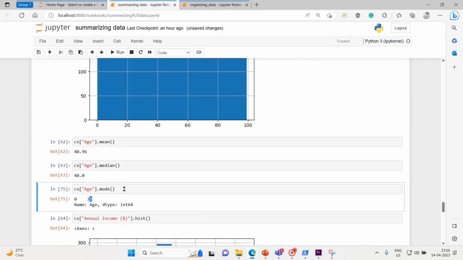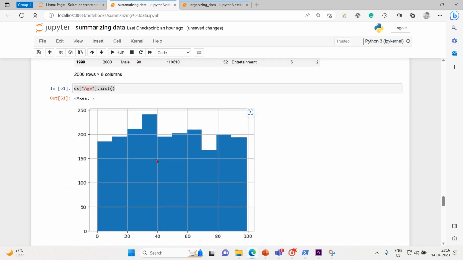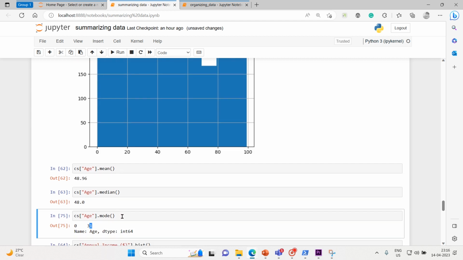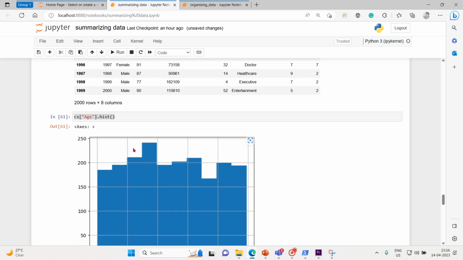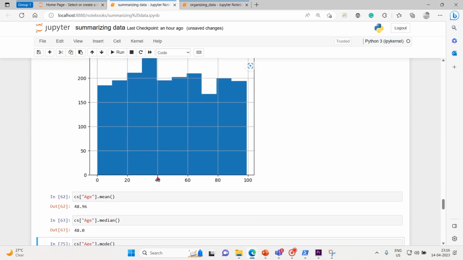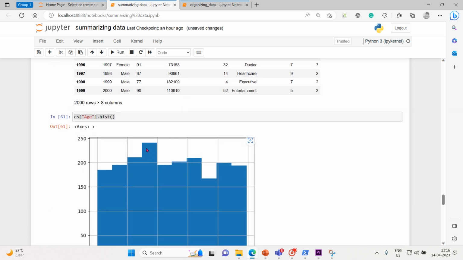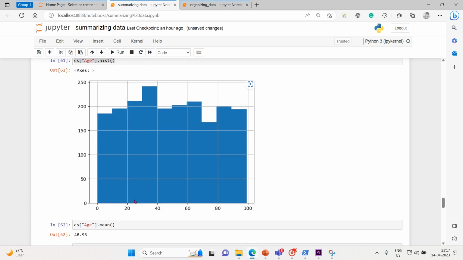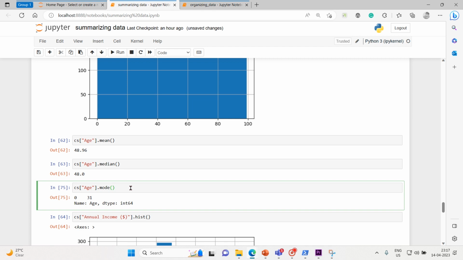Mean is saying 48.96 and median is saying 48, whereas the mode is saying 31. The mode captured it most accurately because it has the highest frequency around 30 to 40. Most of the entities are aged between 30 and 40. That's the reason the mode is capturing the true picture.